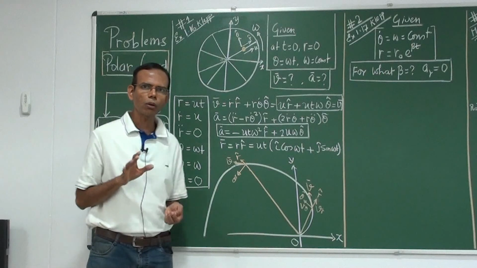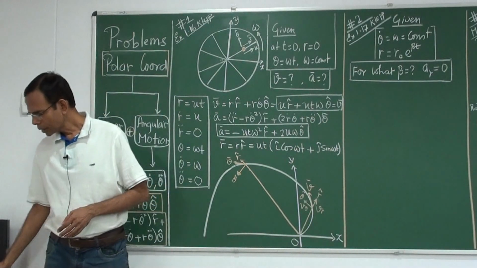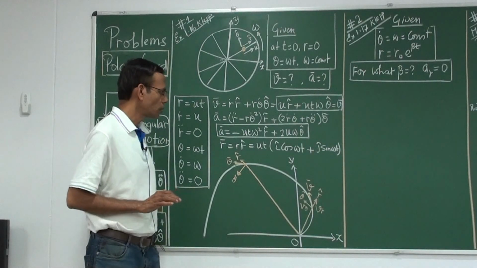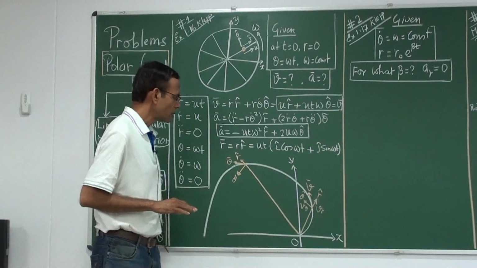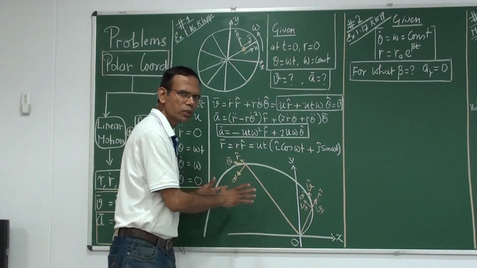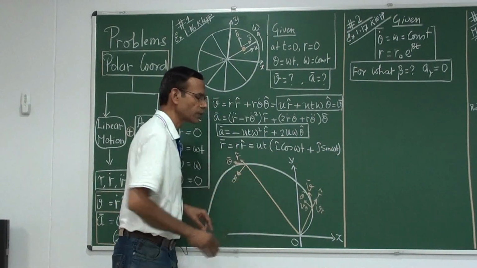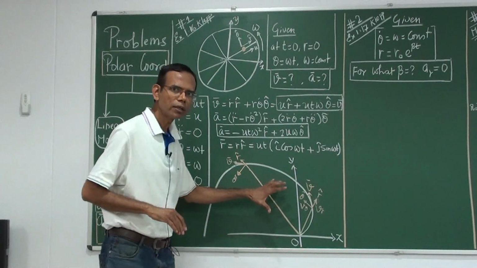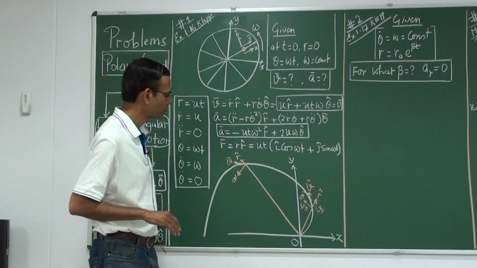Now here there is a very important question. Listen carefully. This diagram is given in the book also, but let us go something beyond. What do we learn from this diagram?